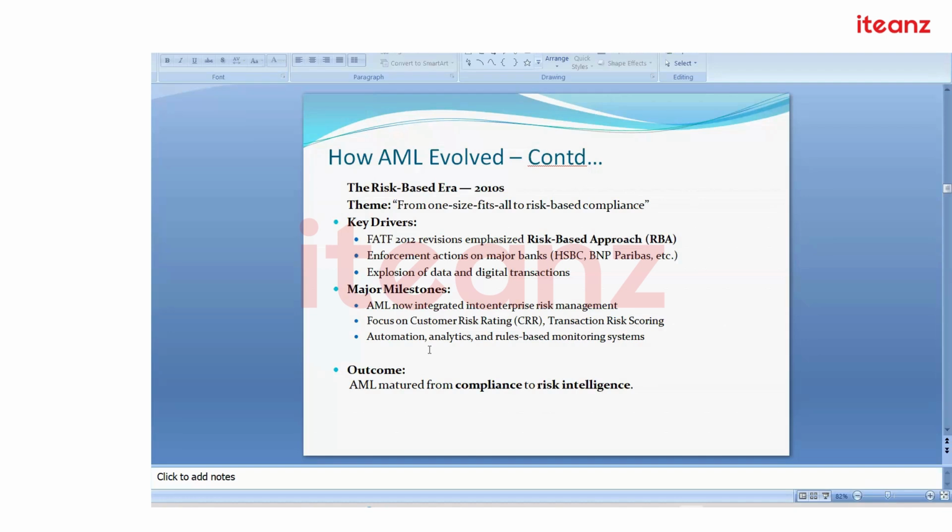Some 45 million euro was fined by Germany's regulatory body. Imagine, 45 million euro. How much of a fine it is. And why banks are very serious is, one is reputation, and second is the amount of the fine they give.